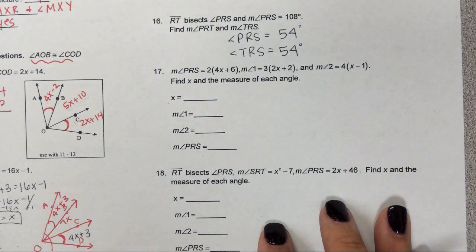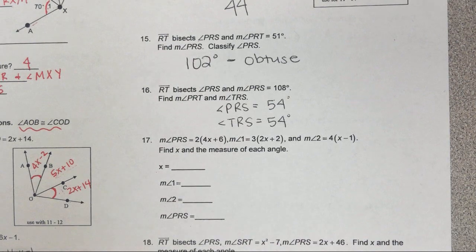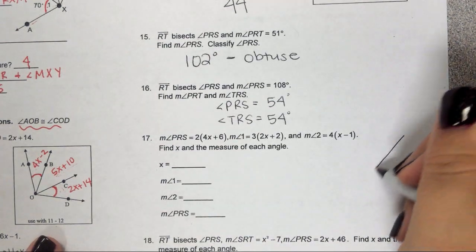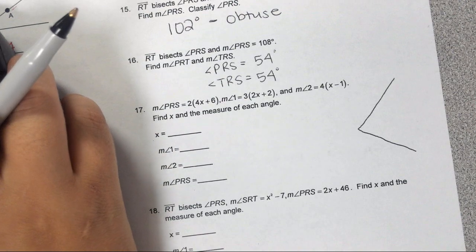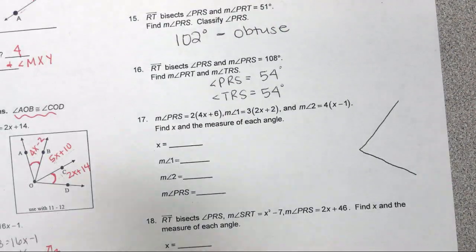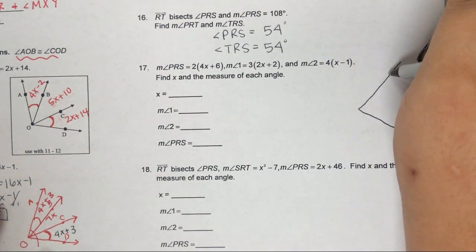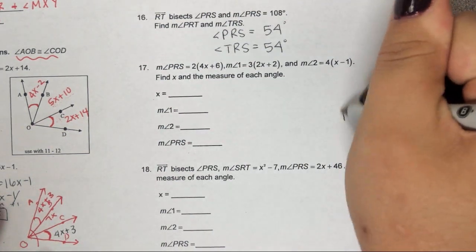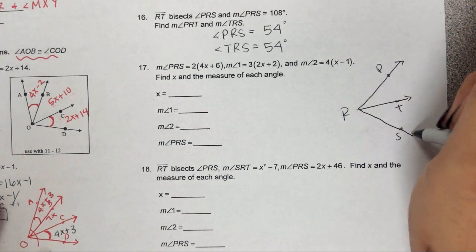Are we still using this same thing? It only says 11 to 14, but I guess it totally means 11 to 18. My bad. All right, so for this picture up here, I'm going to draw it again. P, R, T and S. Okay.